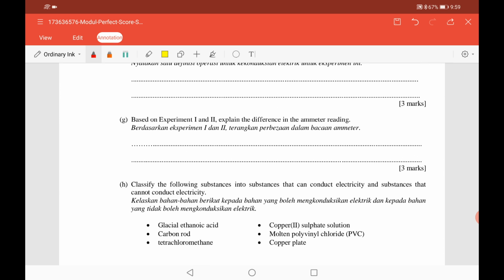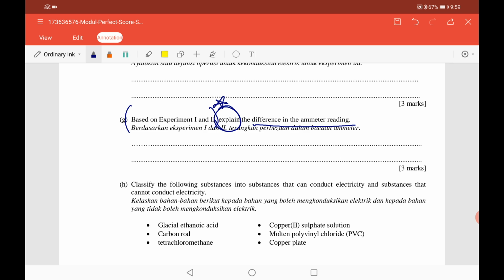Now look at question G. For question G, based on experiment 1 and 2, explain the difference in ammeter reading. When you see the keyword explain, then only you go into detail. So how are you going to write this?